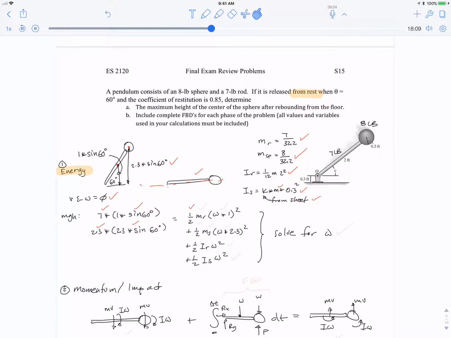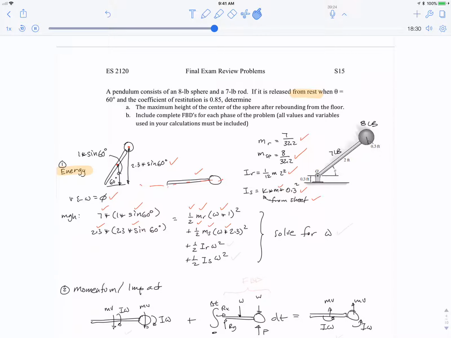So it's 1/2 the mass of the rod times the velocity of the rod, which is omega times 1, the distance from O to the center of mass for the rod. Plus 1/2 mass of the sphere times the velocity of the sphere, which is omega times 2.3, the distance from O to the center of the sphere.